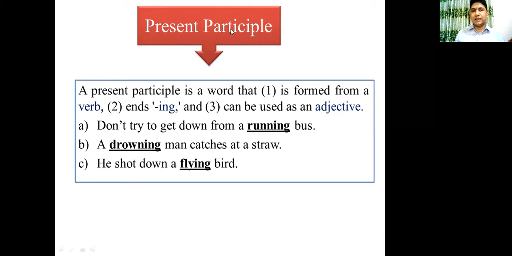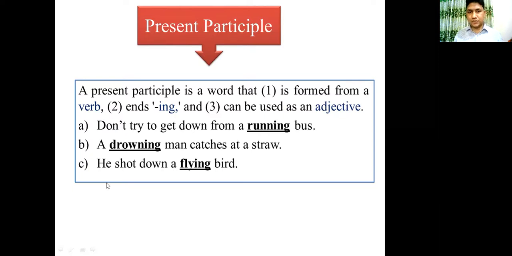It is formed from a verb, it ends with -ing, and it can be used as an adjective. Okay, three pieces of information: formed from a verb, -ing is there, and it functions as an adjective.